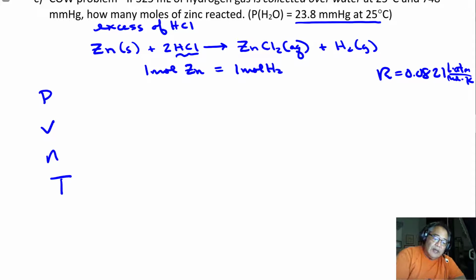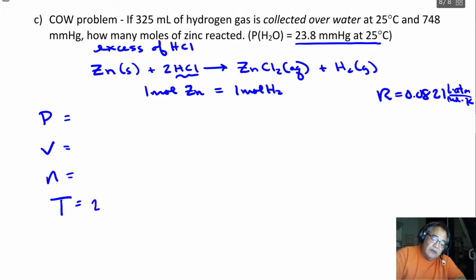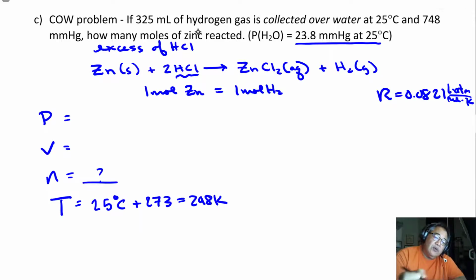And so I have to think about what my units are here, right? My temperature, we'll start from the bottom here, is 25 degrees Celsius. That's a nice one to start with, because you just add 273, so that's 298 Kelvin. N is what you're solving for. My volume is 325 milliliters, so that's 0.325 liters.